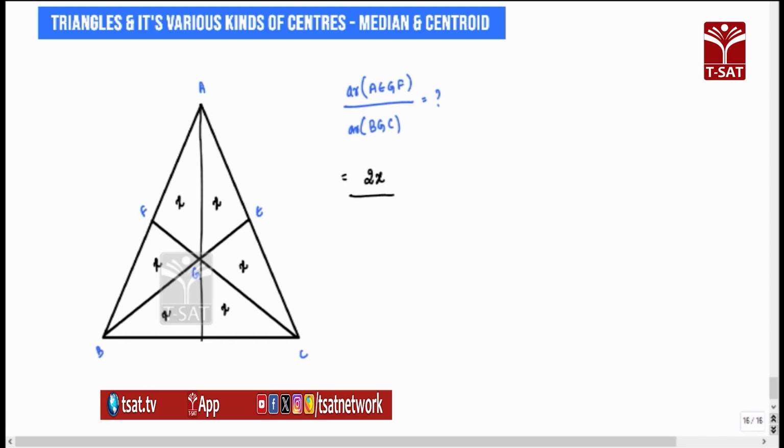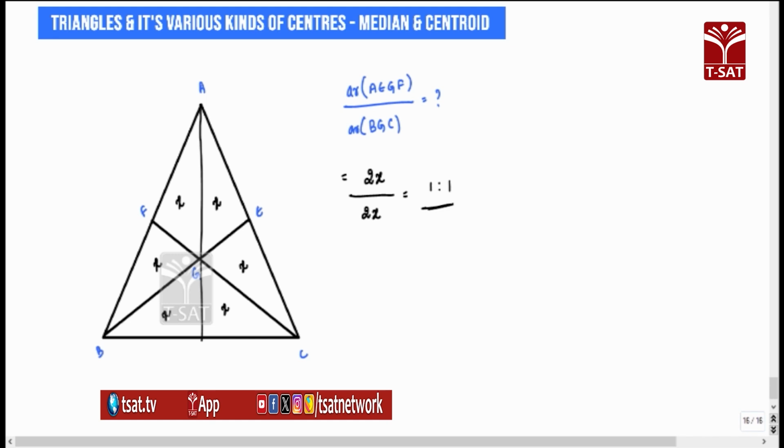Now BGC also consists of two triangles, therefore that area is 2x. So the ratio is 1:1, or simply equal to 1.